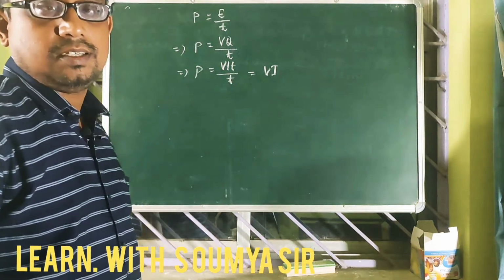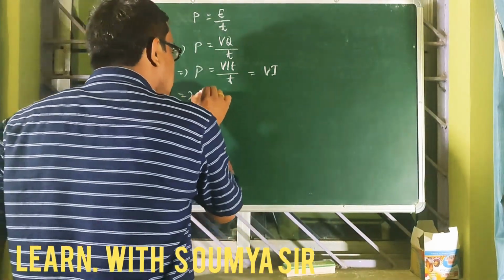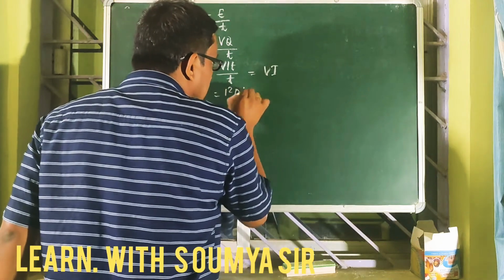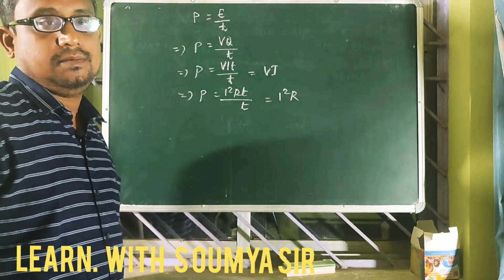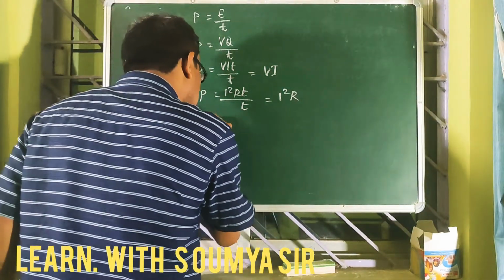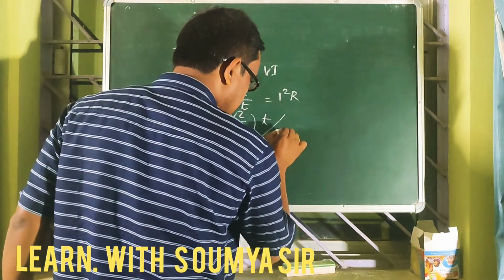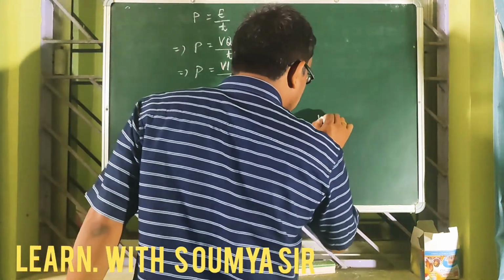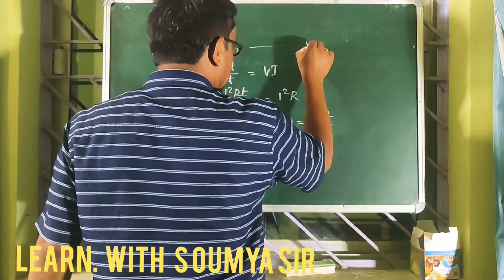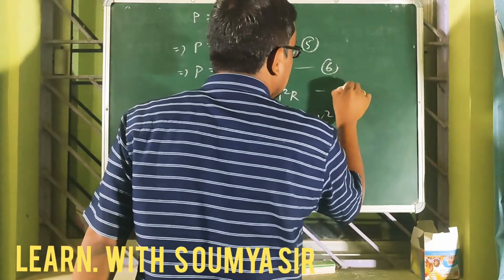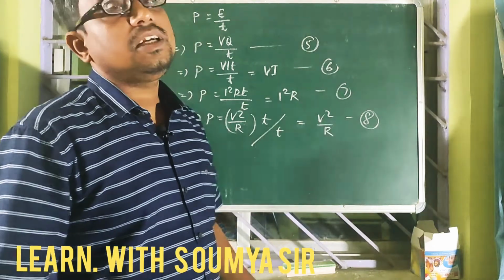P is equal to VI. Clear? Also we can write P is equal to I square RT by T, or I square R. Also I can write P is equal to V square by R into T by T, V square by R. So these 4 equations are the formulas for electric power.